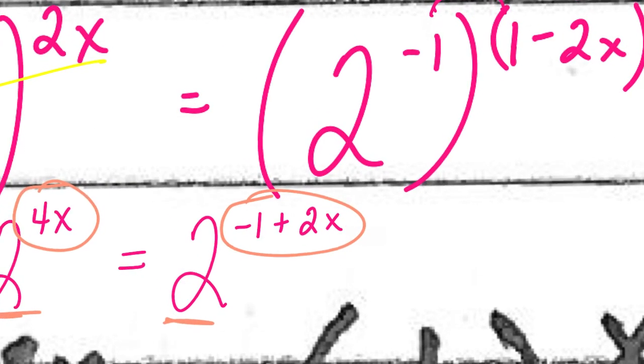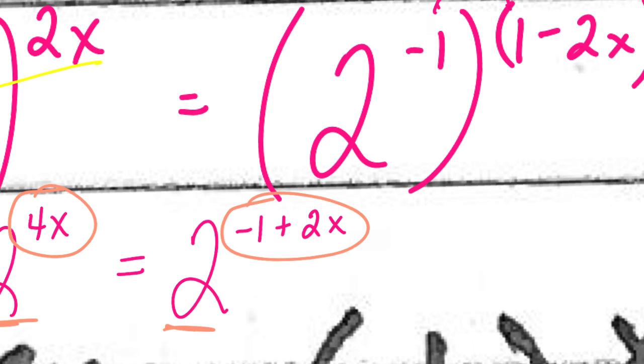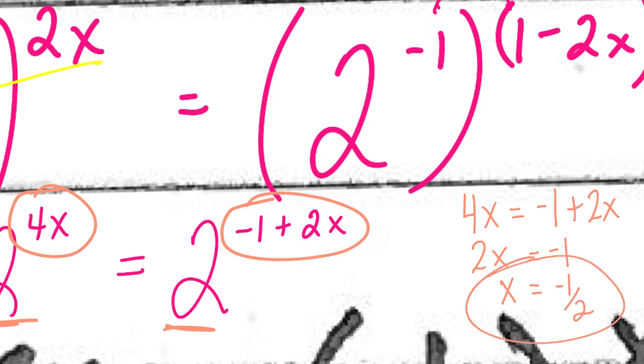My new problem in this case is 4x equals negative 1 plus 2x. So now we're just going to go ahead and solve for x. The first thing we have to do is subtract the 2x over. 2x equals negative 1. And when I divide each side by 2, x is equal to negative 1/2.